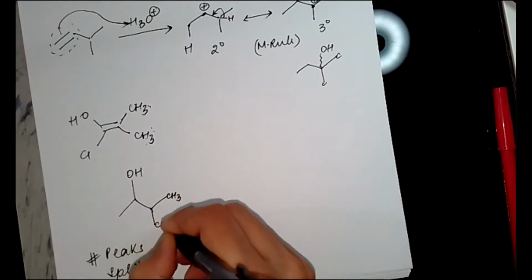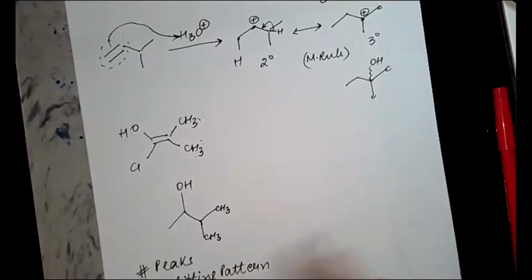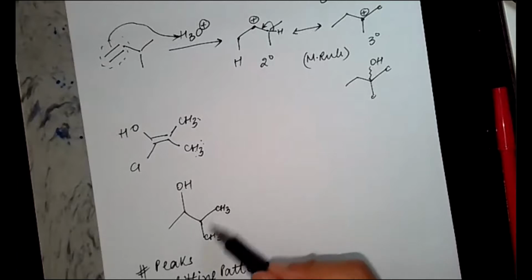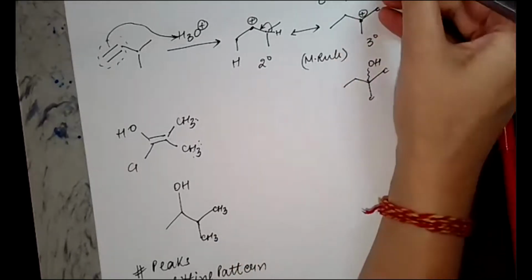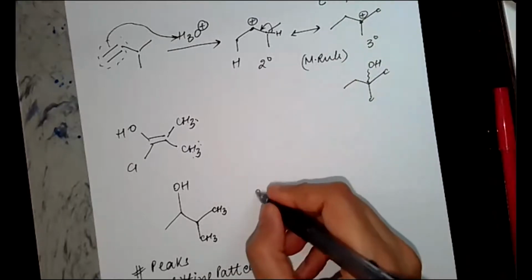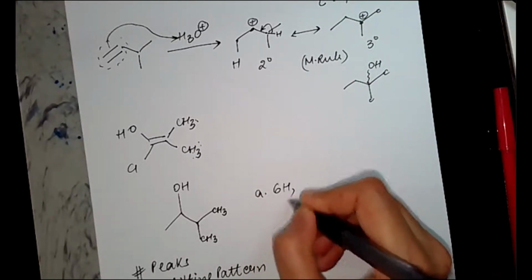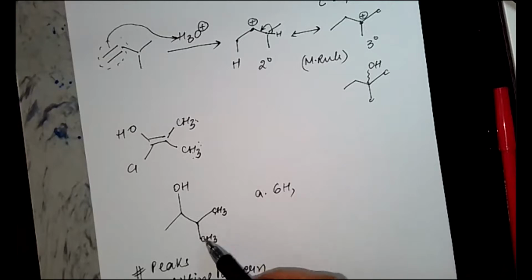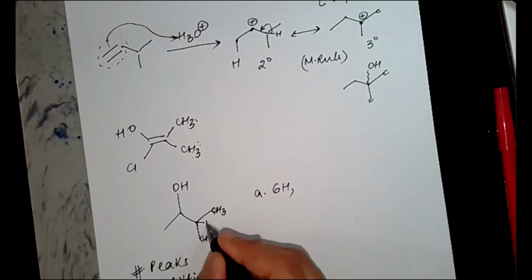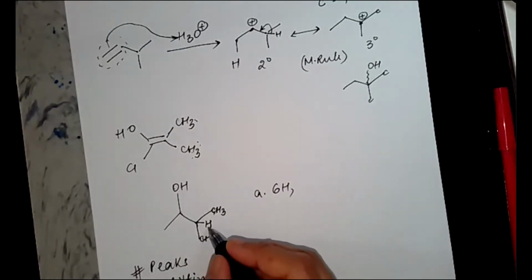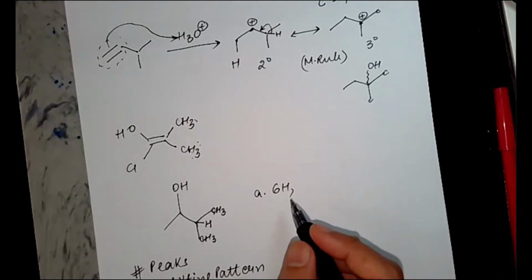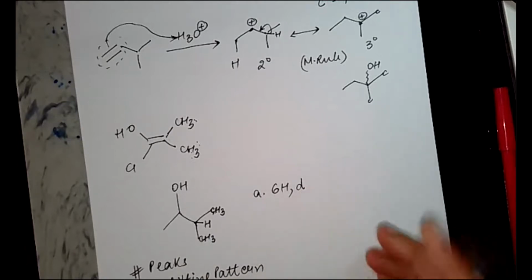So looking at these hydrogens, what will be the splitting pattern for these 6 hydrogens? I'm going to list them as A, 6 hydrogens. How many neighbors do these 6 hydrogens have? There is one neighbor right here. When you have one neighbor, what is your splitting pattern? It is a doublet.